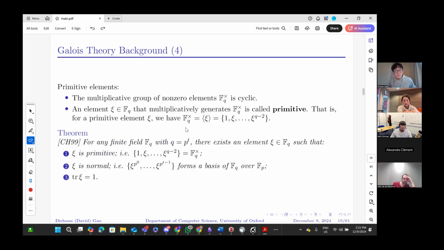I promised the last bit of Galois theory before we go on to quantum stuff: this notion of a primitive element. The word primitive is notoriously overused in algebra. But in this case, what I mean by primitive is, you take the multiplicative group of all the non-zero elements of Fq.